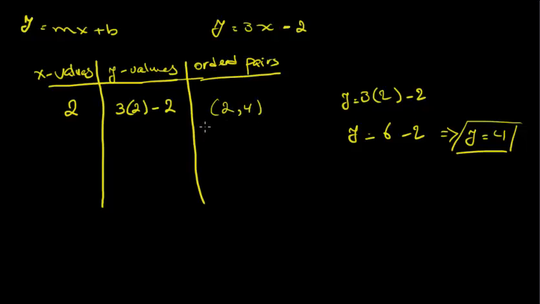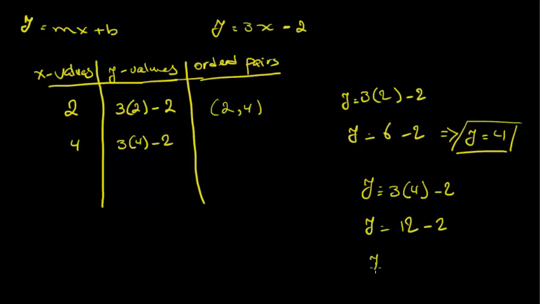Let's pick 4 as x. So when x is 4, y is 3 times 4 minus 2, y equals 12 minus 2, y equals 10. So when x is 4, y is 10.